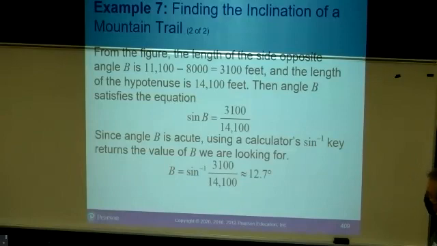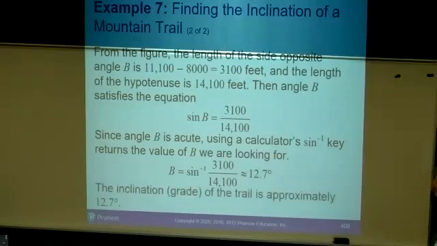Let me put it that way. So the inclination grade of the trail is approximately 12.7 degrees.